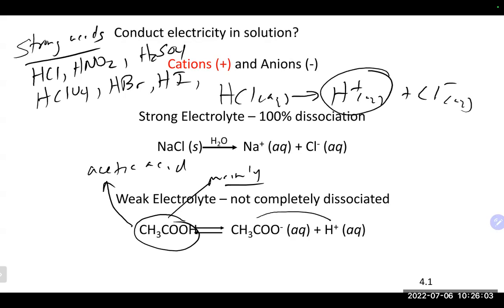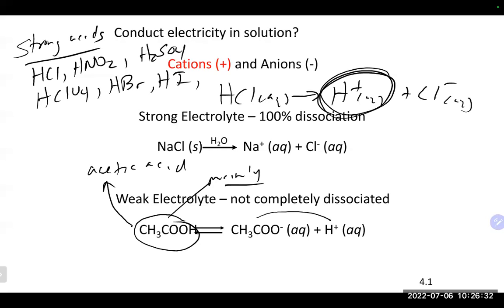So in solution, it produces a lot of free H+, which is why it's considered a strong acid. As opposed to, say, acetic acid, which still produces H+, but nowhere near the amount of something like HCl. But it still produces H+, which is why it's still considered an acid. Because it doesn't produce as much, it's considered a weak acid versus the strong acid up on top there. Any questions on that?